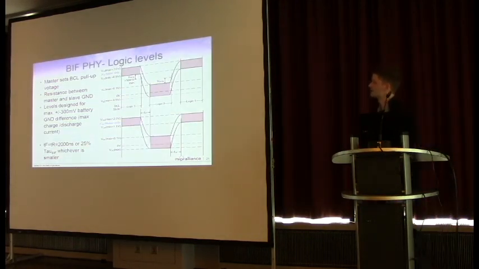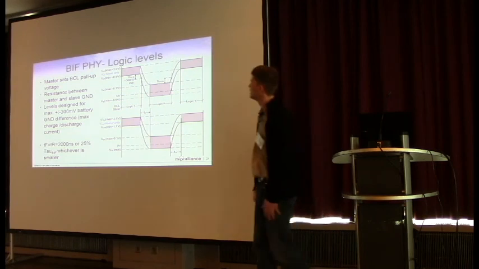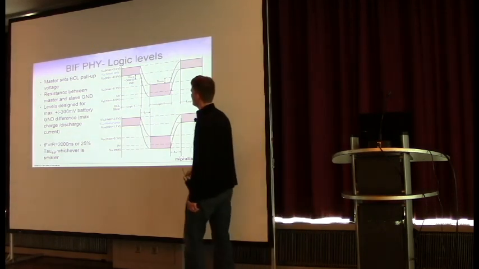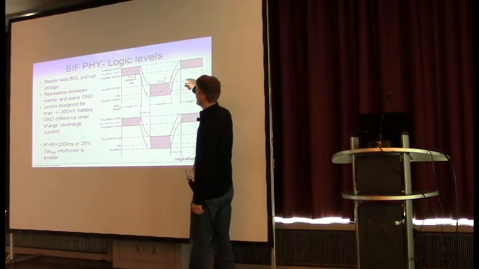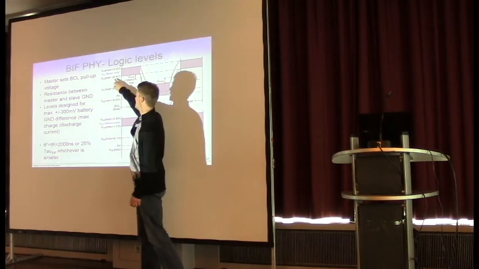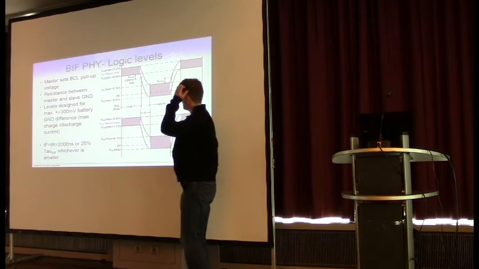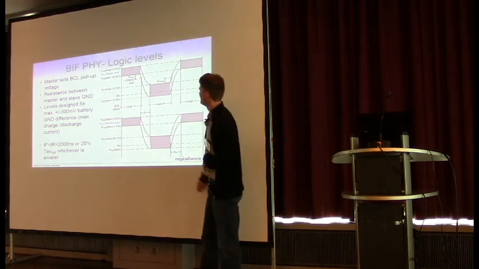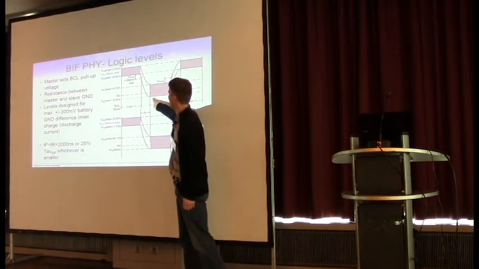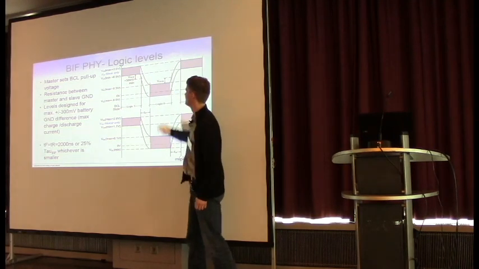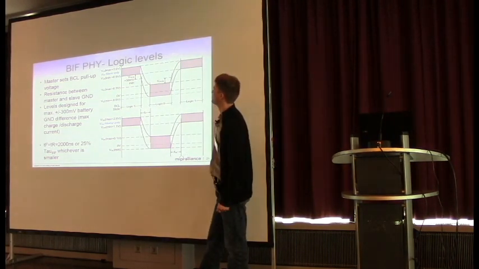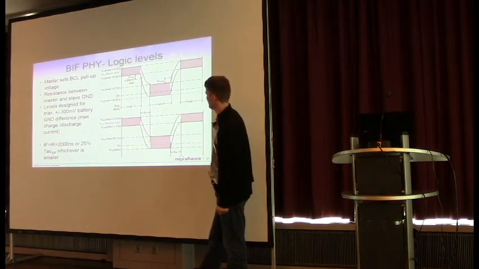Logic levels. So this is basic stuff. I already talked about the slave side: we have VIH from 0.9 to 3 volts, and the minimum is 0.3, and the minus side minus 0.5 volts.